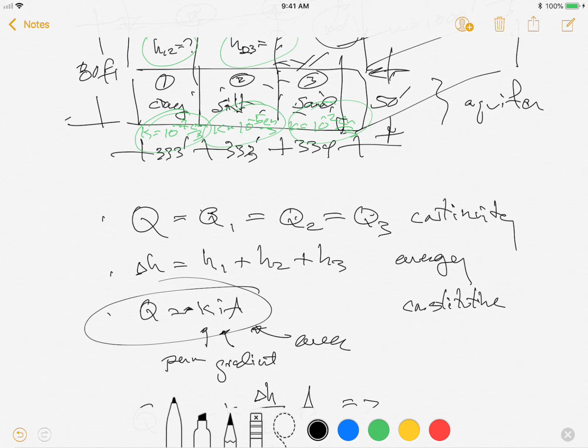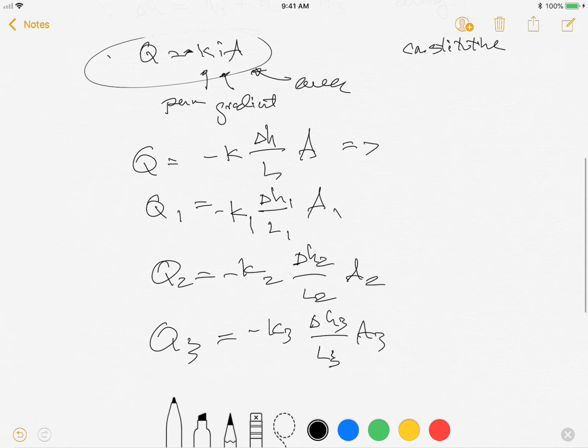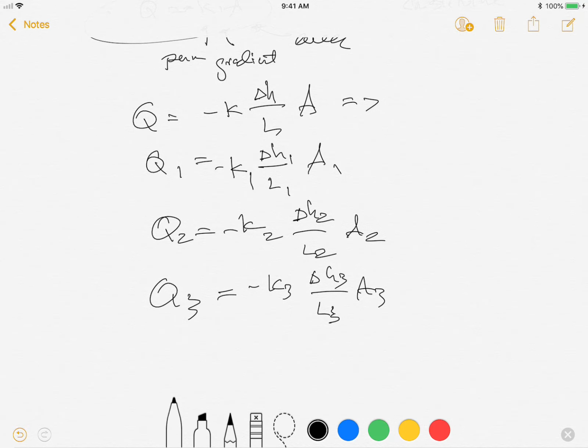In this case, this is L1, this is L2, and this is L3, the different lengths. We know the permeability for each of these, and we know the lengths. The only thing we don't know is those head drops. If we can figure out the head drops, then we have solved the problem.